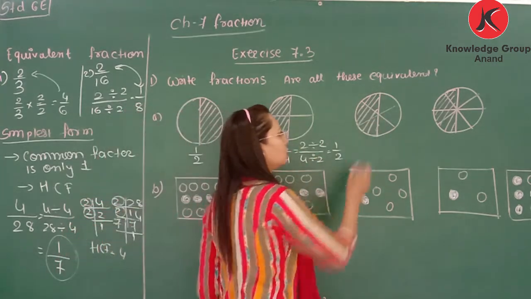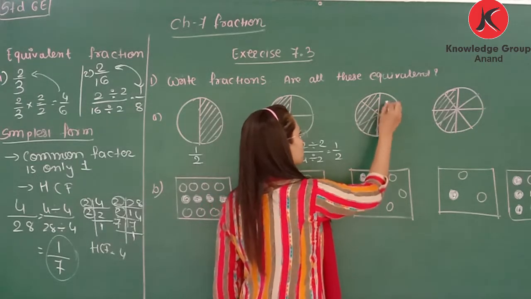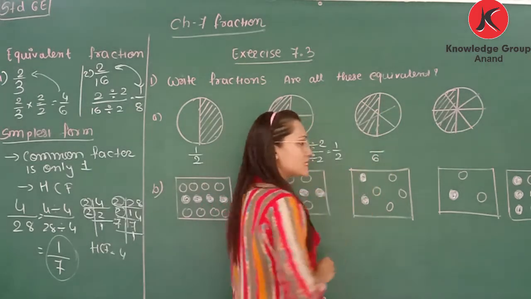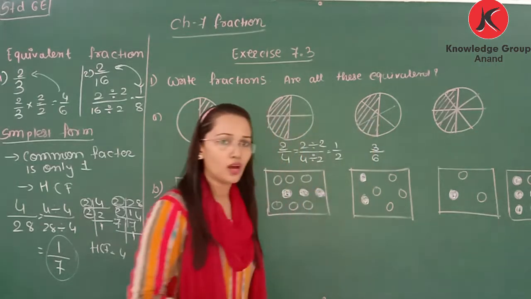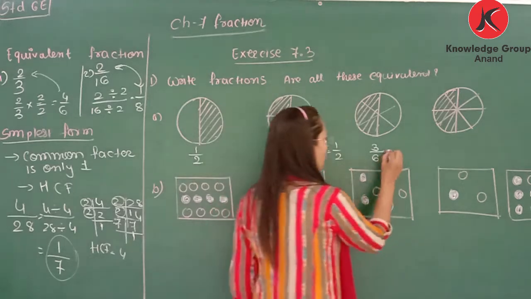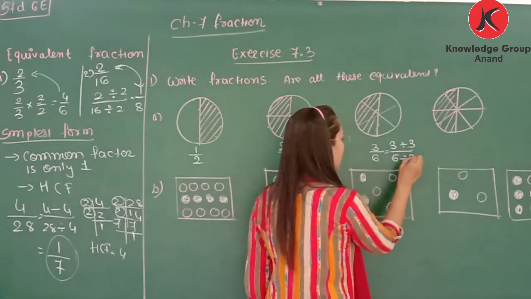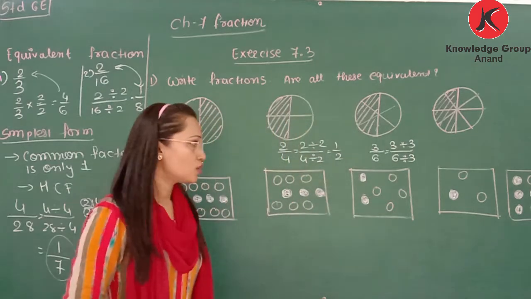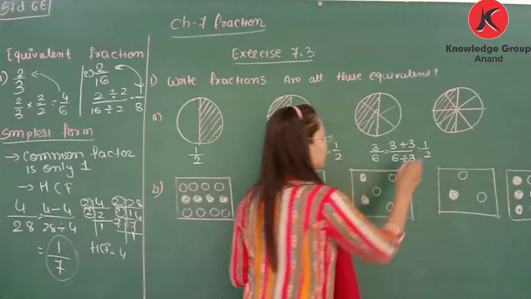Now for the third figure, how many parts are there? 1, 2, 3, 4, 5, 6. From the total 6 parts, how many are shaded? 3. Now convert this into simplest form. It means divide the numerator and denominator by 3. If we divide, we will get 1 by 2.